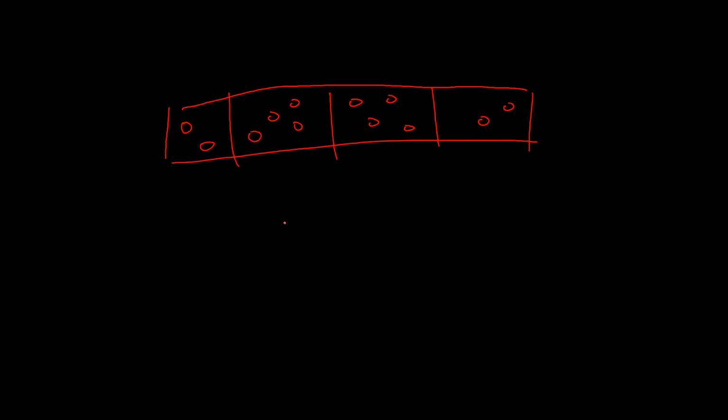Two? Nope. Okay, we're going to go 2 plus 4 plus 4 plus 2. So we have 6 plus 6 equals 12. We have 12 marbles. We're going to divide it by 4 boxes equals 3.